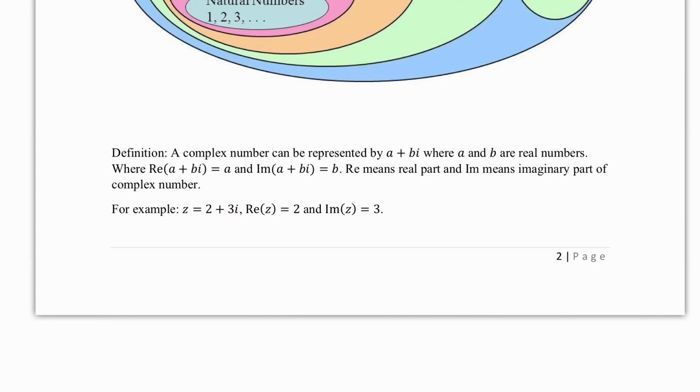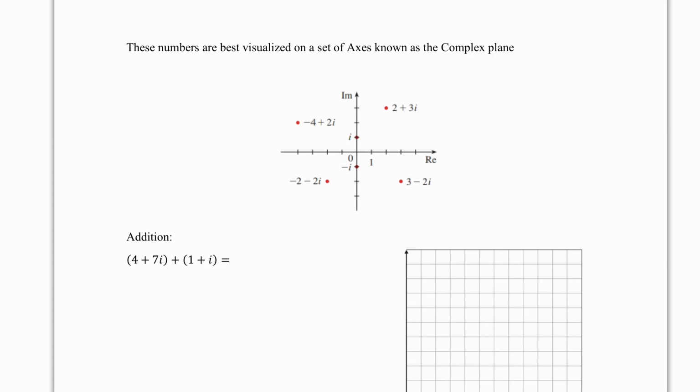Now, this might seem very complex and weird and difficult to understand, but what we can do is actually visualize this. And so what we're going to do is make what's called the complex plane. And so on the x-axis, we're going to have the real part of the number, and on the y-axis, we're going to have the imaginary part.